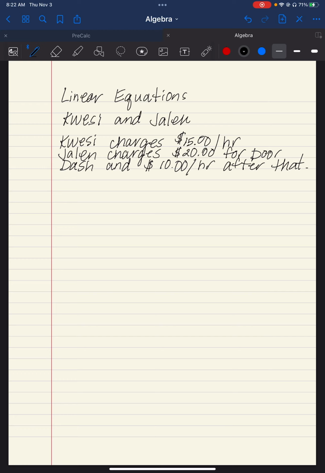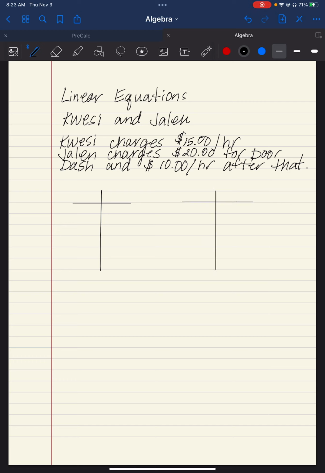And we are going to try and model what's going on with these two people and their jobs. We're going to try and model that using a linear model, okay? In order to notice what the pattern looks like, we need to make some tables, and we're going to compare these two guys.